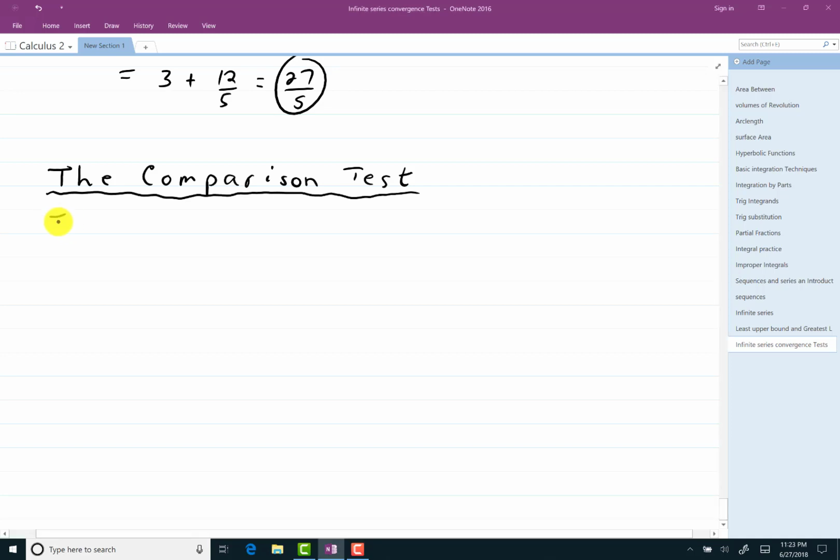Let A_k and B_k be series with positive terms.